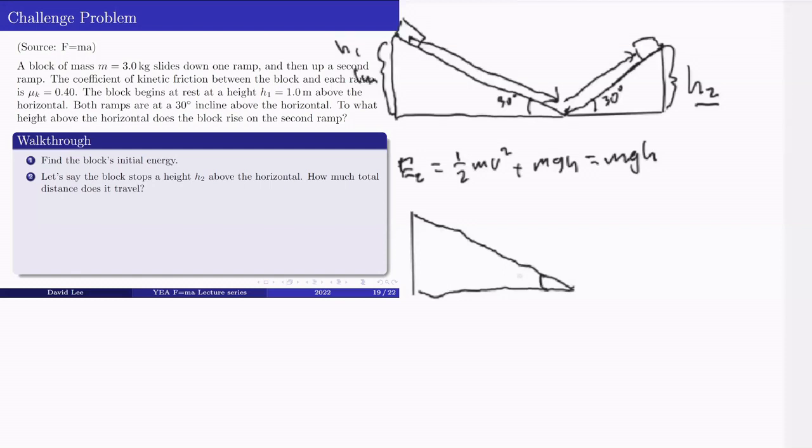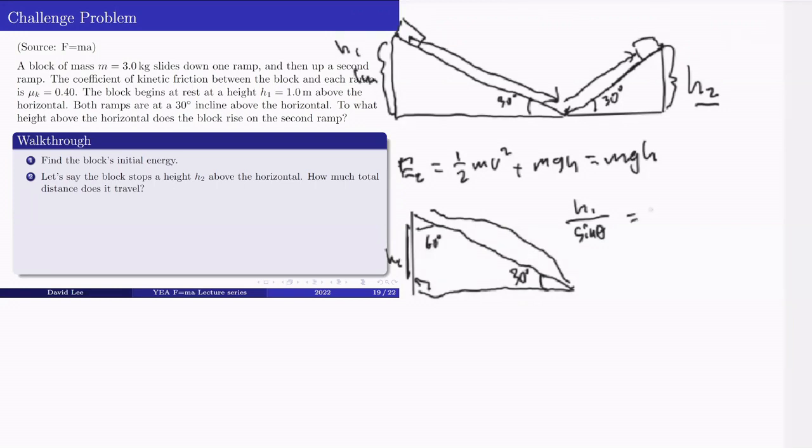They're both 30, 60, 90 triangles. And we know this length is h1. So what is this length? Well, this length is just h1 divided by sine theta.